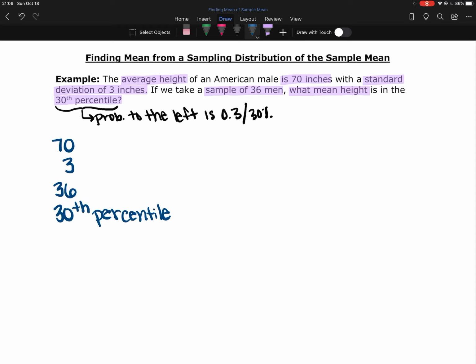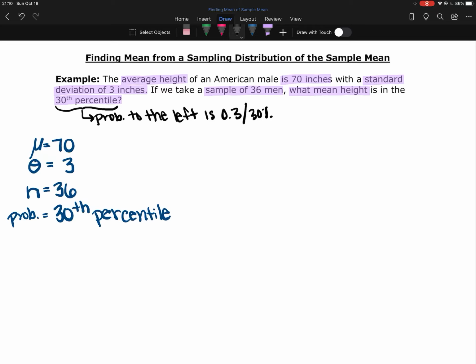So the average height of an American male in the entire population is the mean of the population, mu. The standard deviation for all of those men is sigma. I'm taking a sample of 36, so my sample size is 36. And then my 30th percentile, that's giving me my probability. So I'm just going to shorthand that to probability.